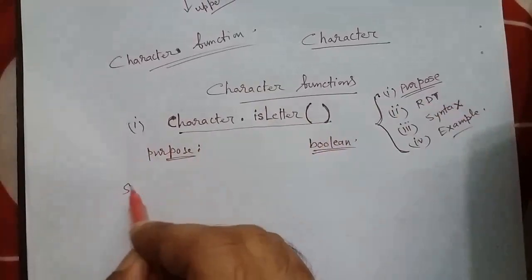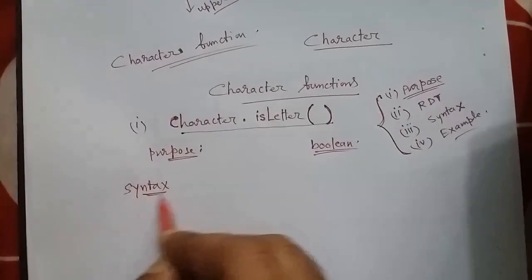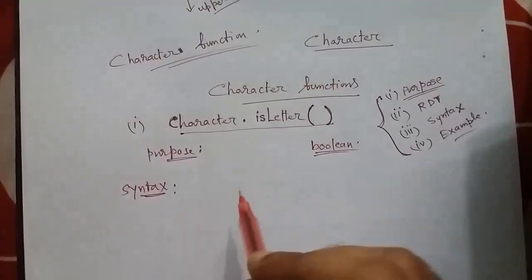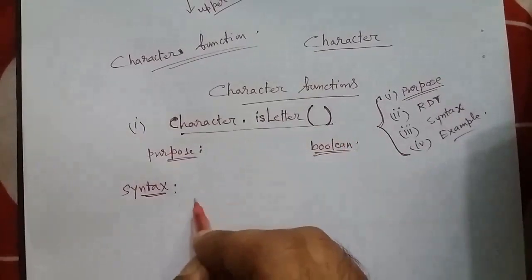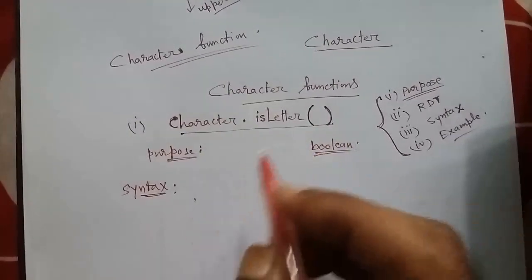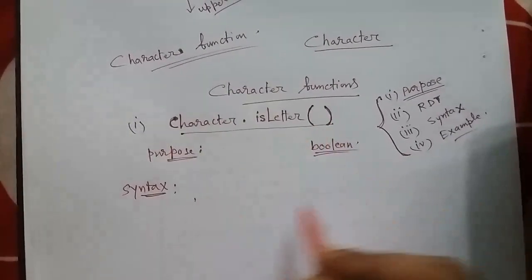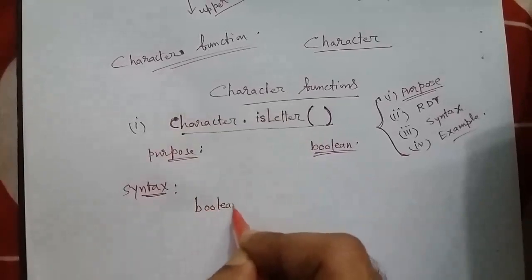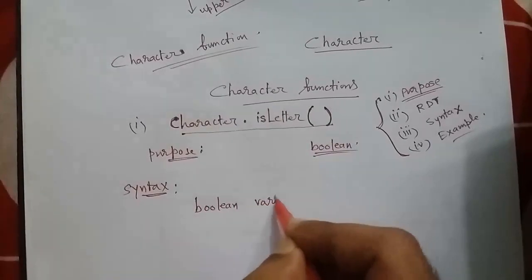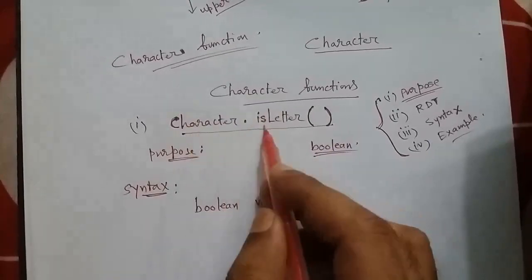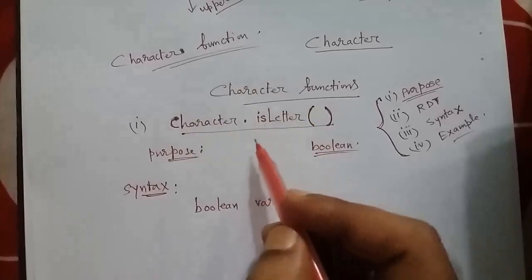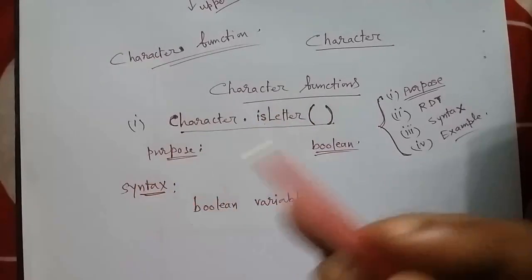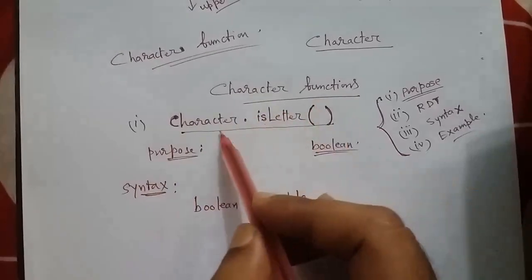And what is the syntax? Syntax I will obviously write here. How to write? At first you must write the return data type of the method. So in the form of a statement we will write the syntax. At first, on the left hand side of the equal to sign, boolean, then I will write a variable, because the return value of this method must be stored in a variable. And what will be the data type of that variable? The data type must be equal to the return data type of this method.